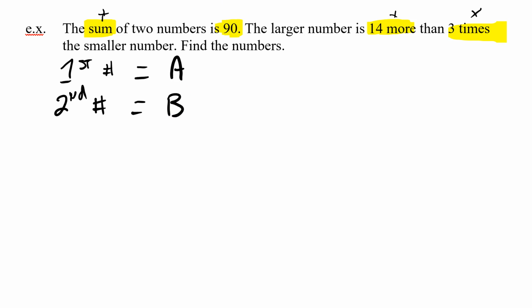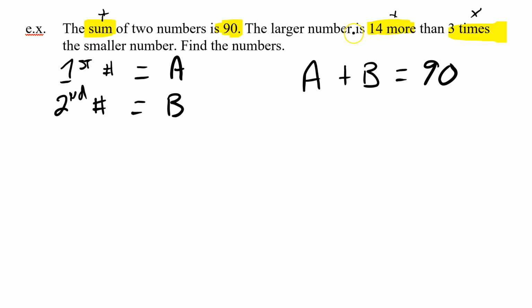So our first sentence gives us our first equation, the sum of two numbers. Adding two numbers is 90. So first number plus my second number equals 90. The word is usually indicates the equal sign. So the sum of two numbers on one side of the equal sign, 90 is on the other.